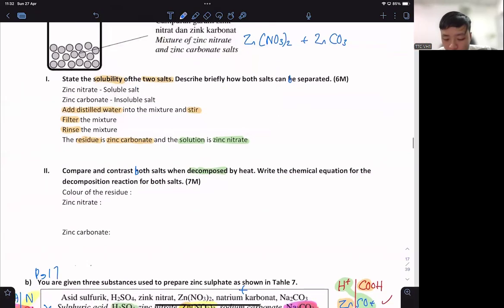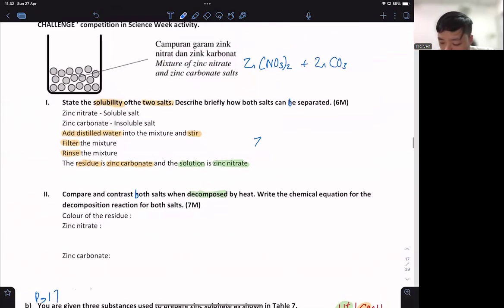Now what are the similarities? Let's say when I heat zinc carbonate, what do I get?